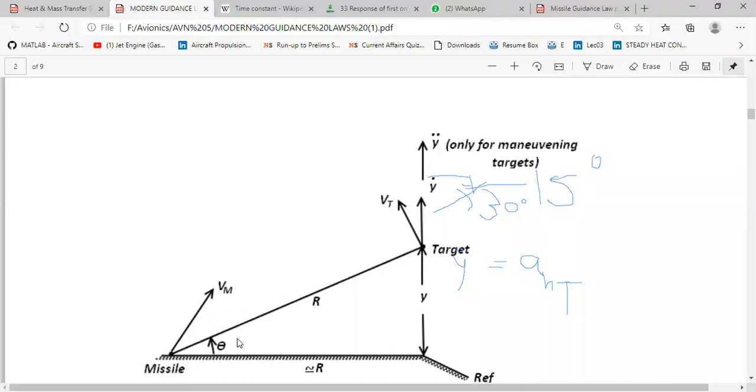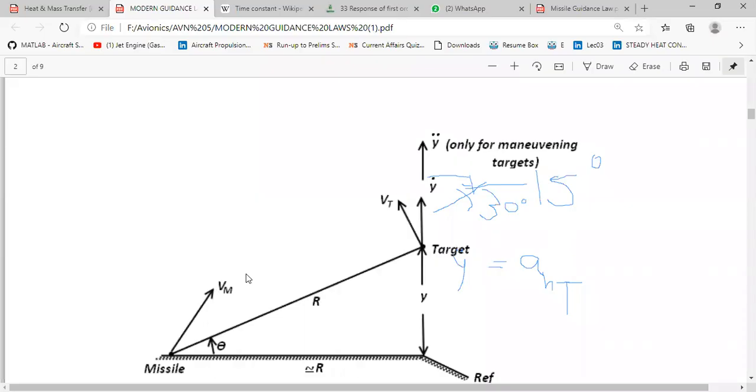So here you need to resolve the component of missile velocity in the direction of your line of sight and the component of your target velocity in the direction of line of sight. That is one method. Another method is if the angle is small between your line of sight and the missile current velocity vector, then you can directly take whatever the given velocity is.